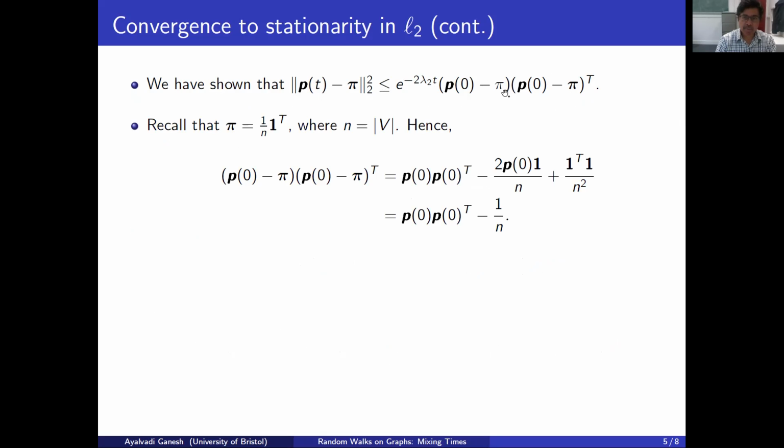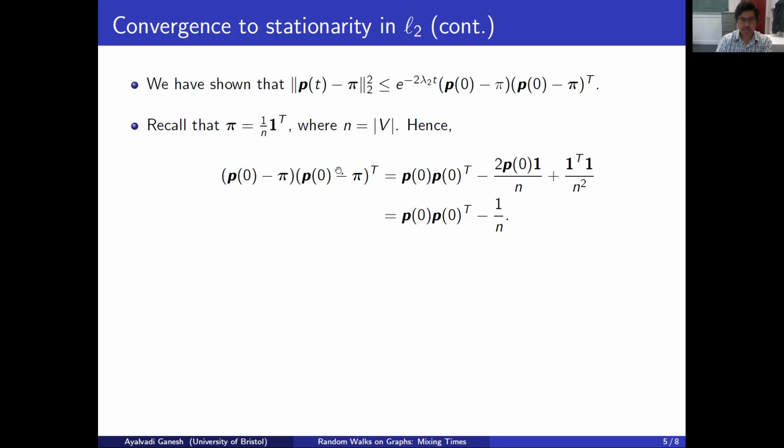So let me remind you, and this should be a boldface pi here, that's a typo. Let me remind you that the invariant distribution for the random walk is the all one vector normalized. It's the uniform distribution on V. And so if we expand out this product, we get P naught transpose P naught minus 2 P naught times pi, and pi is the all one vector upon n.